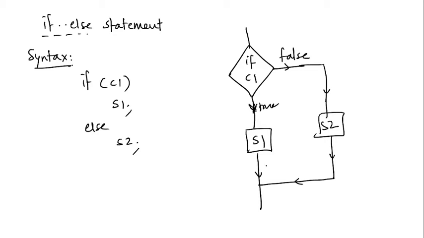Okay, let us take an example to understand the if-else statement properly. We'll be taking programs also, which will help to get a clear idea about the concept. But right now I'm just giving you a simple example in continuation with the syntax that we had seen. Suppose the value of A is 5 and the value of B is 8.